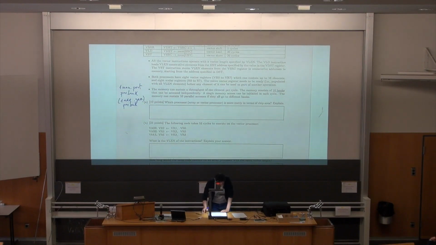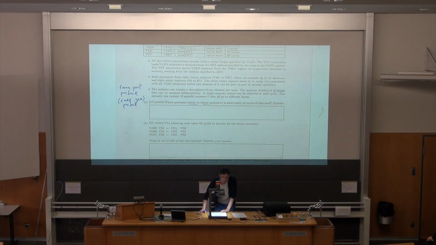So part A asks which processor, the array or the vector processor, is more costly in terms of chip area. You might remember from the lecture where we were talking about array and vector processors that for array processors we need to have as many processing elements as the vector length.